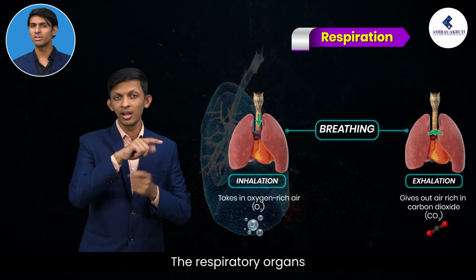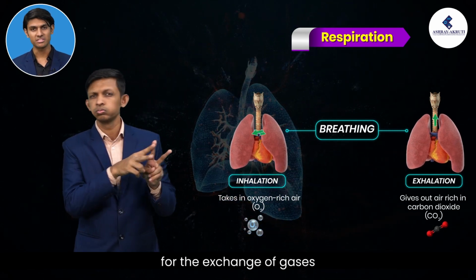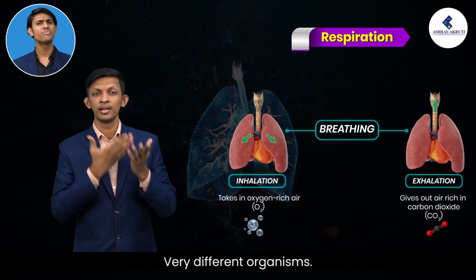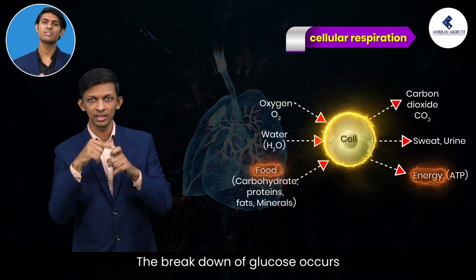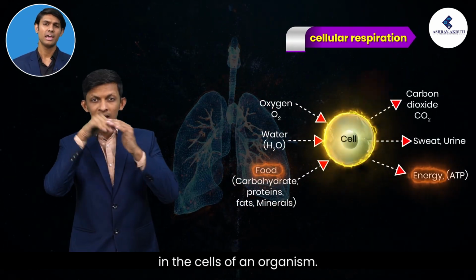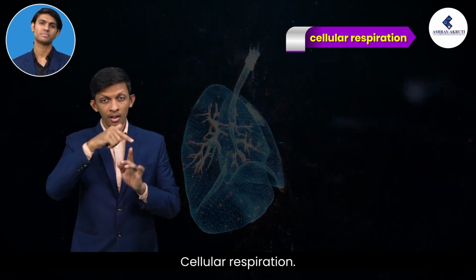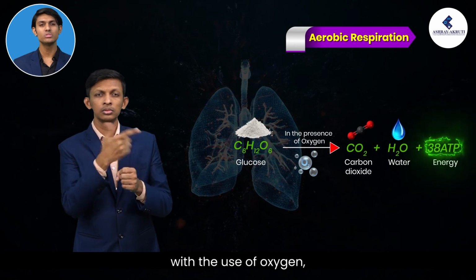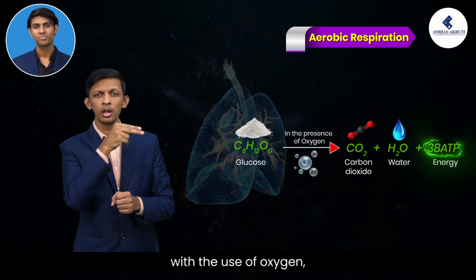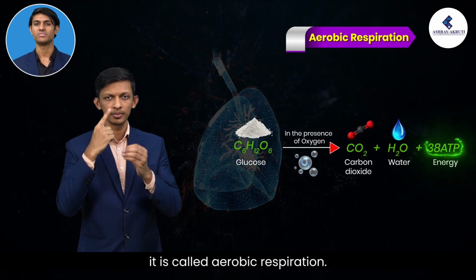The respiratory organs for the exchange of gases vary in different organisms. The breakdown of glucose occurs in the cells of an organism, called cellular respiration. If the food is broken down with the use of oxygen, it is called aerobic respiration.